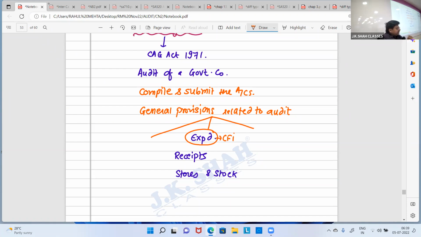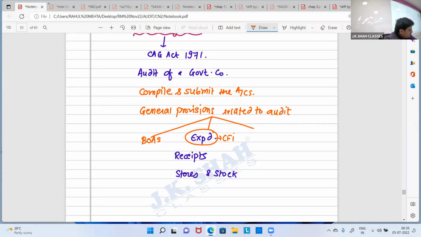What is the Consolidated Fund of India? It is nothing but the fund of the country. So whatever money has to be received or deposited into the country's account has to go to a fund, and that fund is known as what? CFI, which stands for Consolidated Fund of India. Correct. Now, every state and the Centre will have to maintain books of accounts.